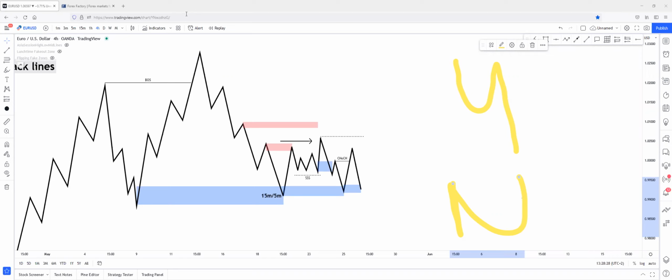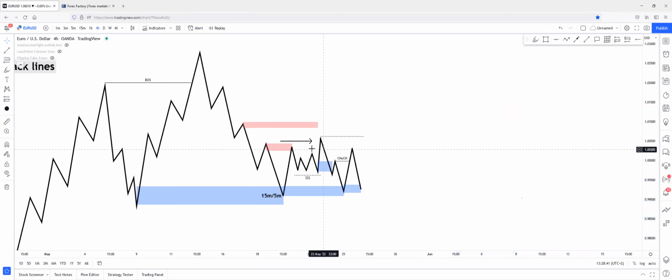No trades yet. It's a little bit frustrating, but it's better to wait for confirmation than taking huge losses because of impatience. So yeah, it's better to wait.